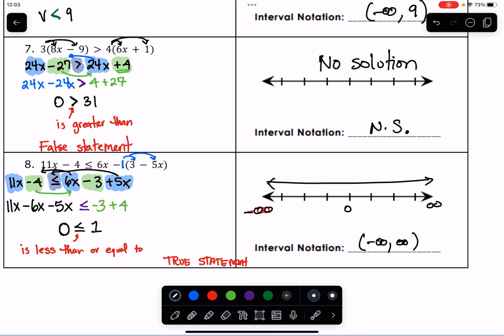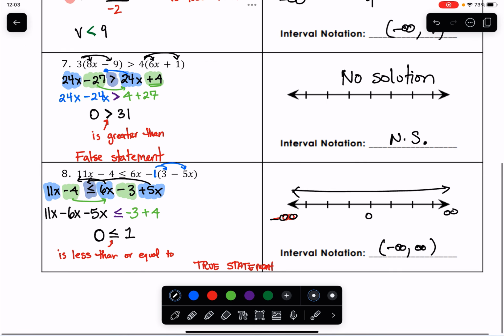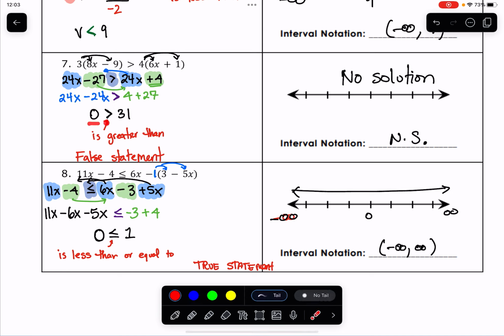And that's the difference again between a situation where our x's become 0 on the left side, that we could either end up with 0 being bigger than or smaller than the number on the right, or not. Like in the first example, number 7, it is not true that 0 is bigger than 37.